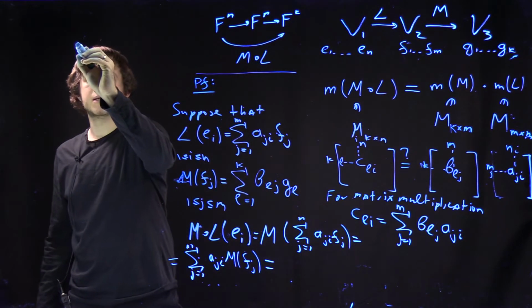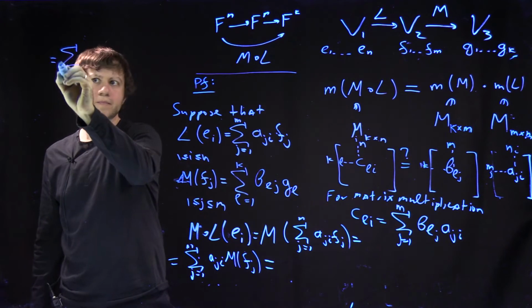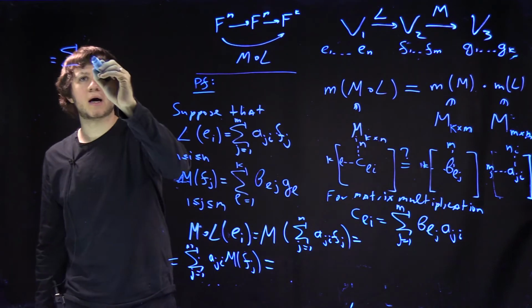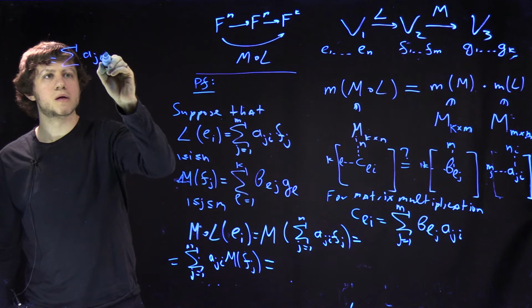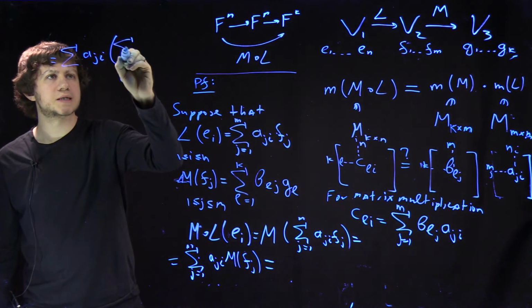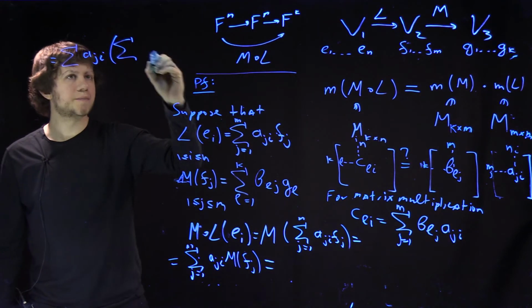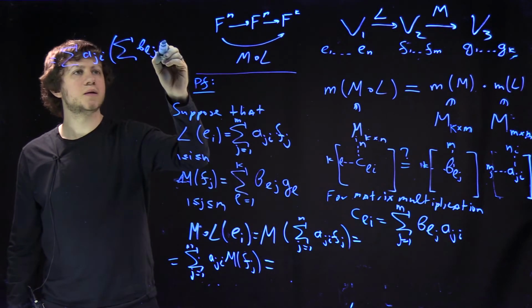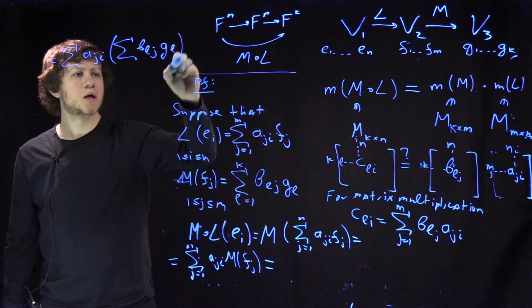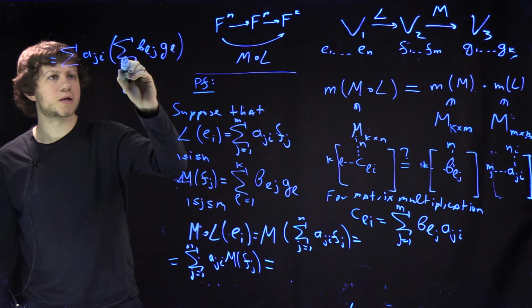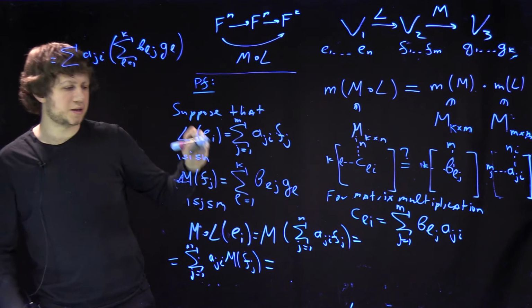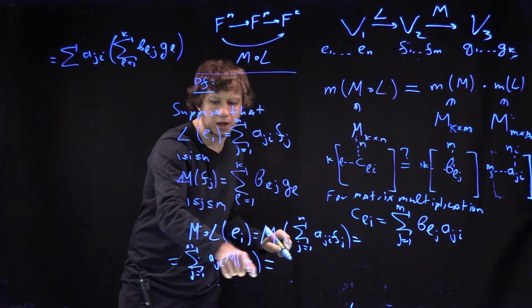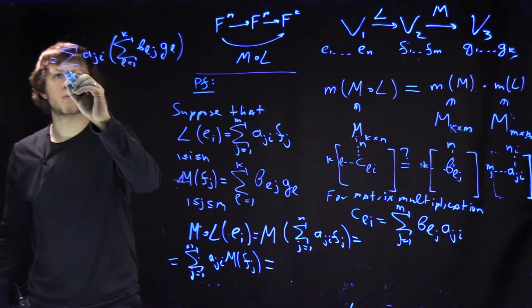And so now we see that this equals the sum of AJI, multiplied by the sum of BLJ GL. Here the sum goes from L equal 1 to K, and here the sum goes from J equal 1 to M.